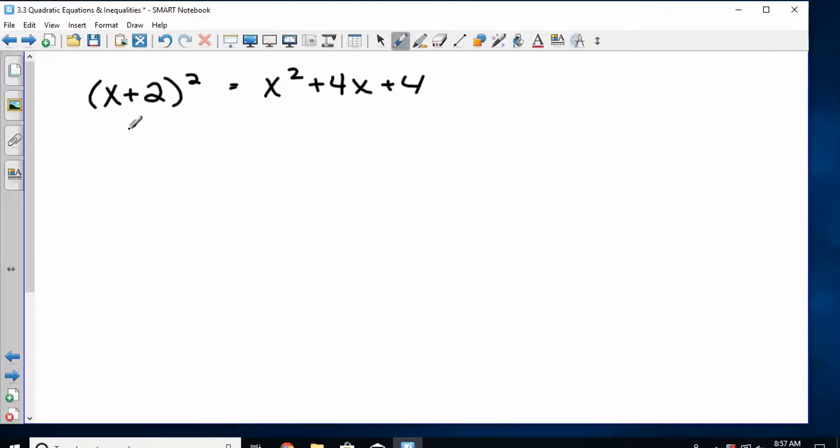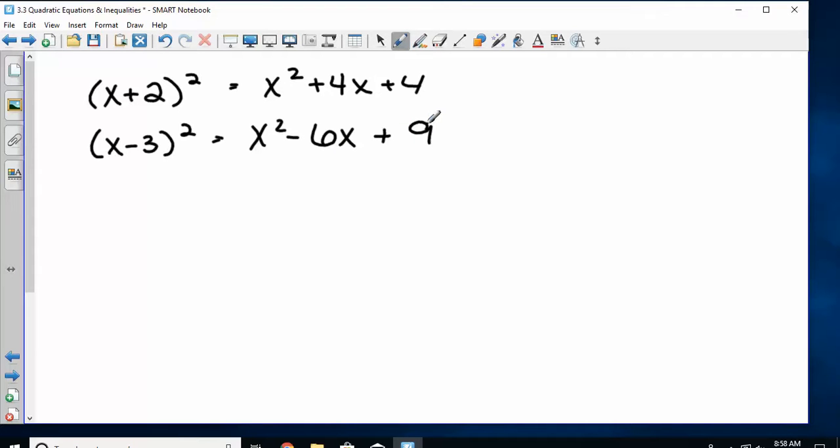If I gave you (x - 3) squared, what would you get when you multiply that out? x squared minus 6x plus 9.